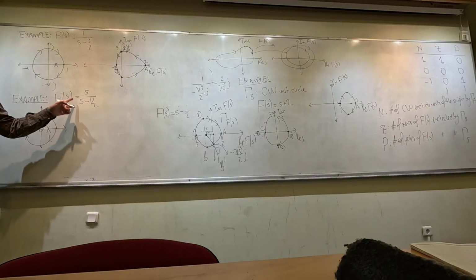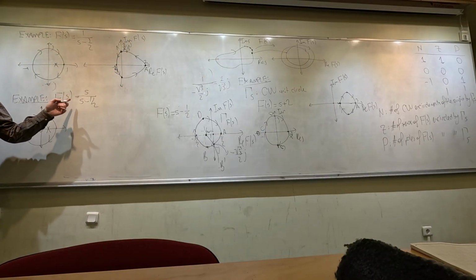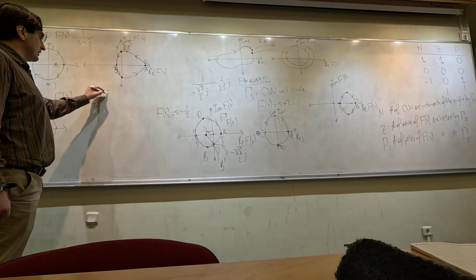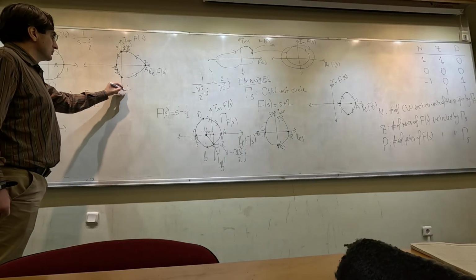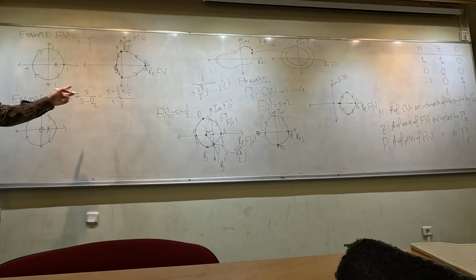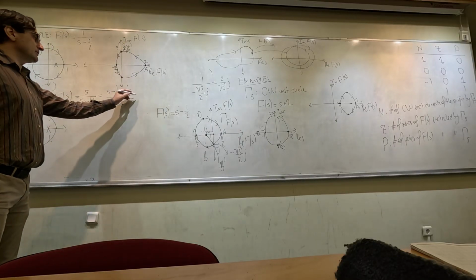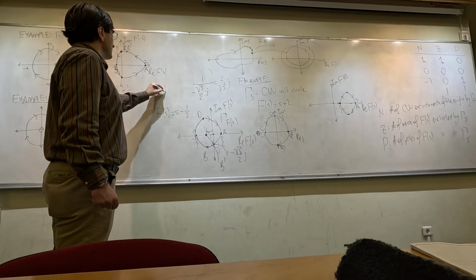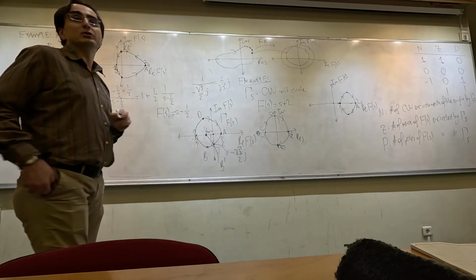By looking at this thing, it might really look difficult, but I'm going to do the following. Instead of this, I will write the following: s minus 1 over 2 plus 1 over 2, over s minus 1 over 2. When I write the transformation like this, I see that it's going to be 1, plus 1 over 2 times 1 over s minus 1 over 2.